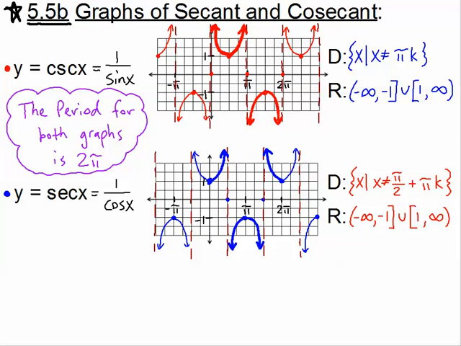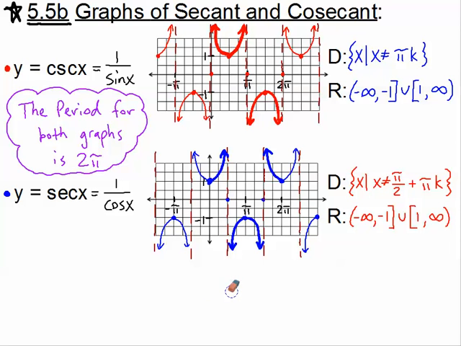The only 2 graphs of the 6 that have an amplitude are the sines and cosines, because those are the only ones that have a bounded range. The secant, the cosecant, the tangent, and the cotangent do not have amplitude. They will still have a value of a, but we don't call it an amplitude.